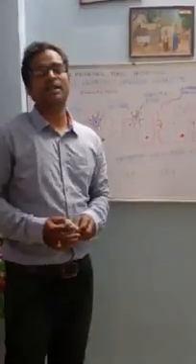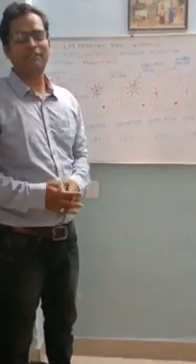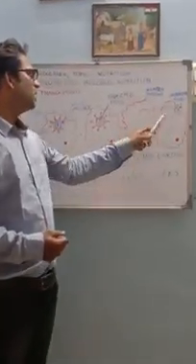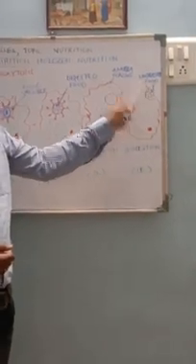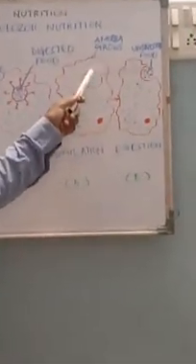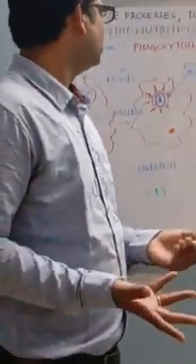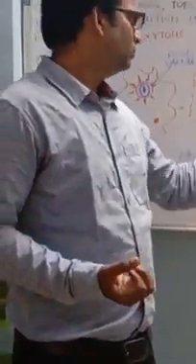Now when it comes to us, that undigested food is nothing but feces, fecal matter. And here in case of amoeba, the undigested food is removed now by the same food vacuole, so it travels towards the border and it ruptures, and the process can also be called as exoosmosis, or egestion.